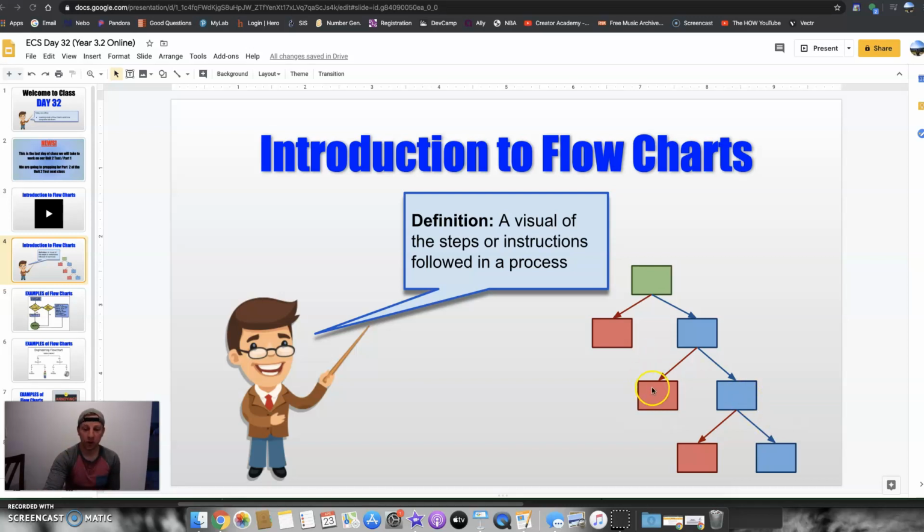And usually no's will end up looping back so that they can become a yes. Now I'll show you what that looks like.